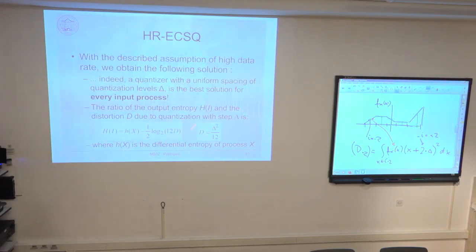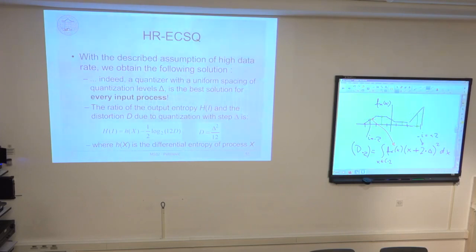Okay, so this is a value that you must know in the middle of the night when I wake you up. So what is the distortion of the uniform quantizer with the step size delta? Oh, okay, it's delta squared over 12. Okay, so this is the distortion, and the relationship between the logarithm of this distortion and the output entropy.